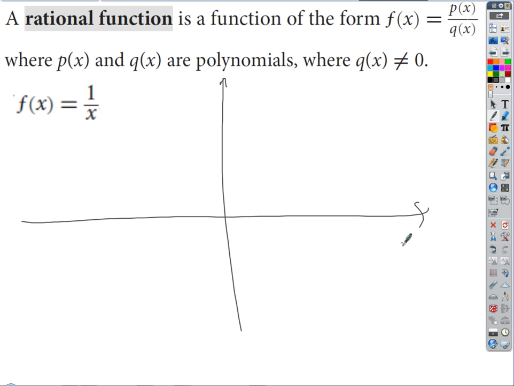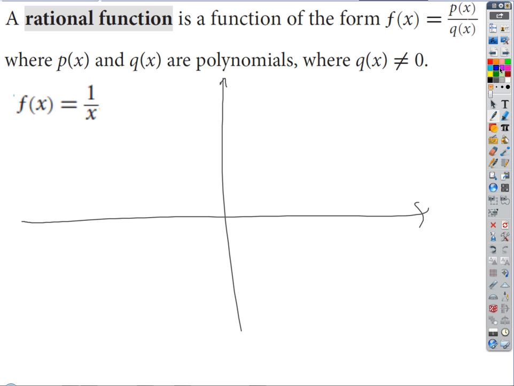So let's try to get a sketch of this, though, okay? So what are some points? Let's go ahead and figure out, first of all, what's the domain of this function? What are all the values of x that we could input? Let me ask it a different way. Are there any values that we couldn't input? Any values of x that wouldn't be allowed? What are the two rules we always have to obey?